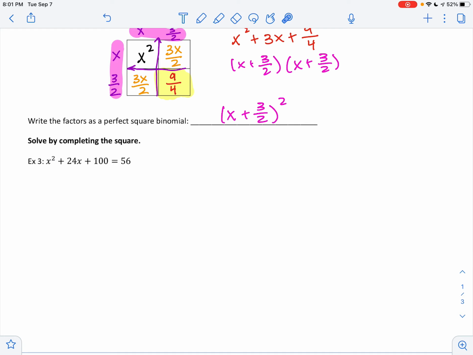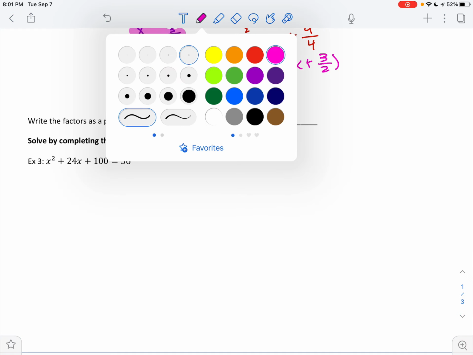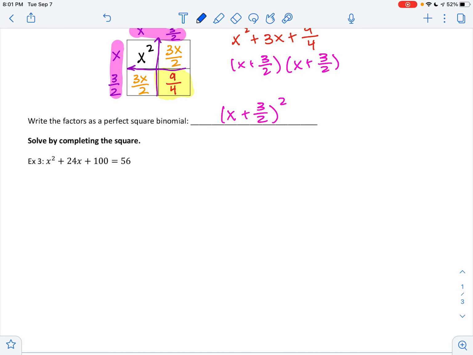Your next step is you want to get your variables on one side and your constants on the other. So I want x squared and 24x to stay on the left side. And I need to move this 100 to the other side. To undo addition, I'm going to do subtraction. And so I'll have x squared plus 24x equals negative 44.